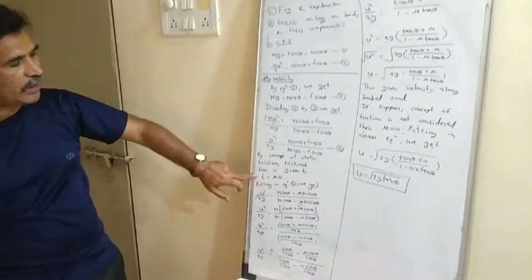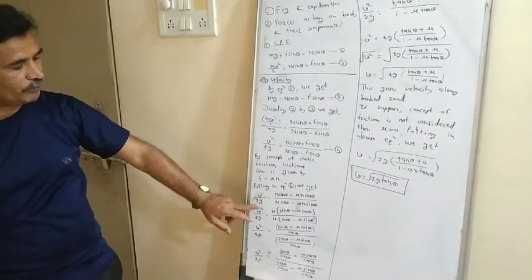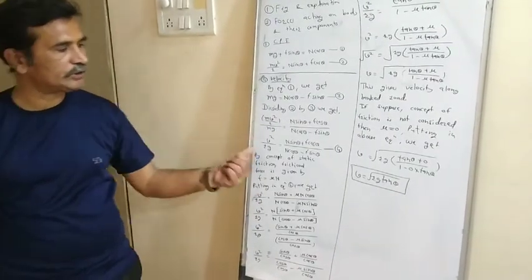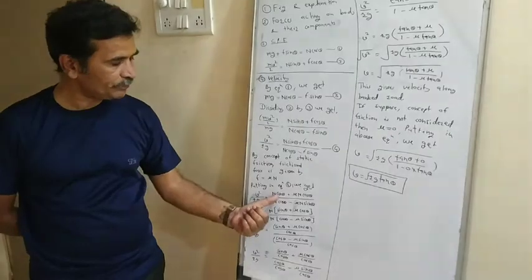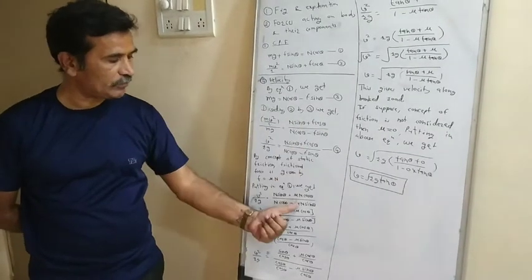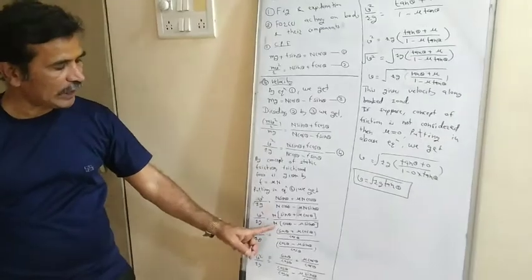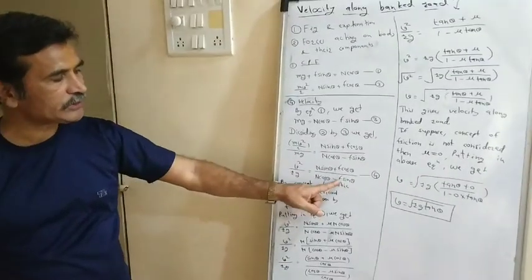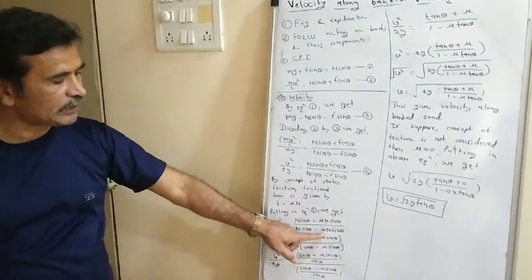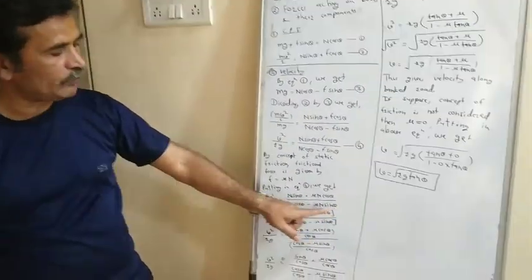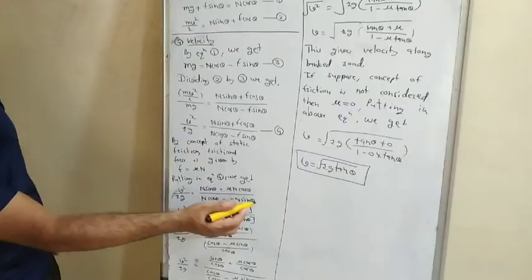So this value of F is put in equation number 4. So we get v square upon rg as it is on the left-hand side, and on the right-hand side N sin theta plus, in place of F we write mu into N into cos theta, divided by N cos theta as it is, minus, in place of F we write again F is equal to mu into N into sin theta. So we got this equation here.